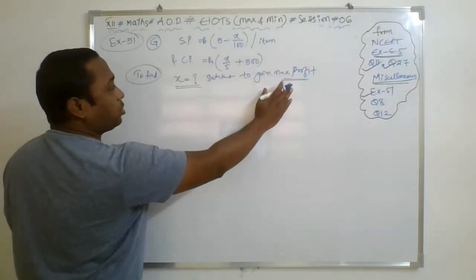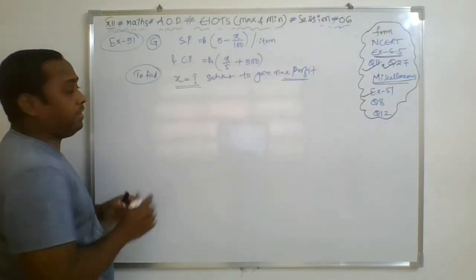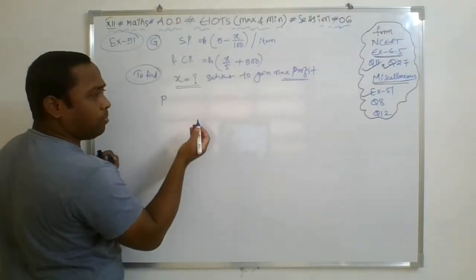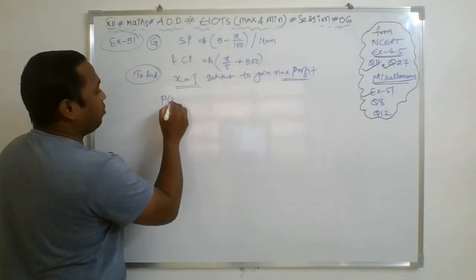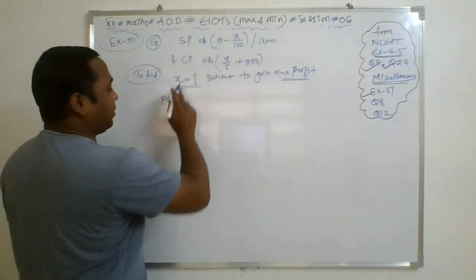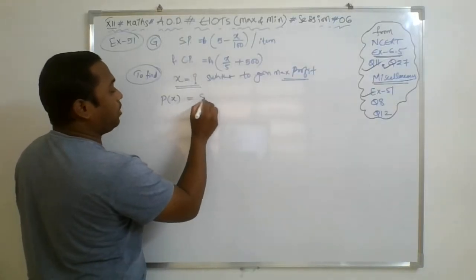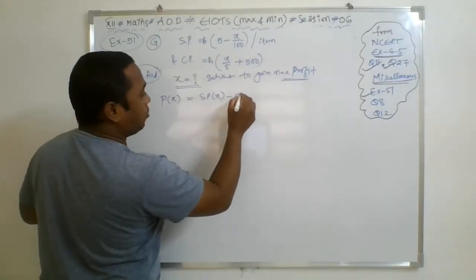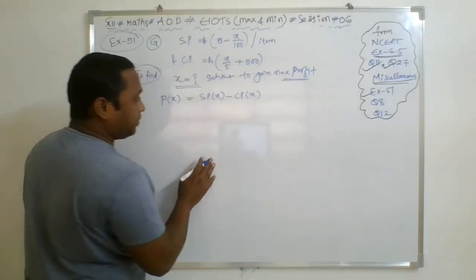So the profit function has to be differentiated. The profit function is denoted by P, or you may write P of X, because we are dealing with the number of items X. Profit function is equal to selling price of X units minus cost price of X units.